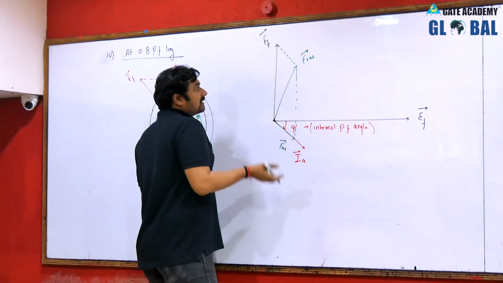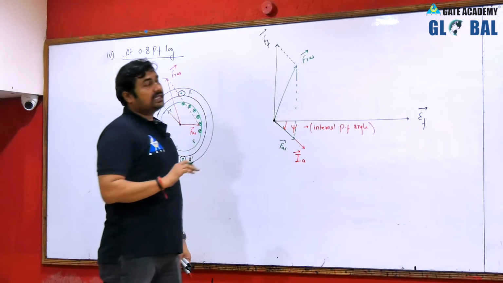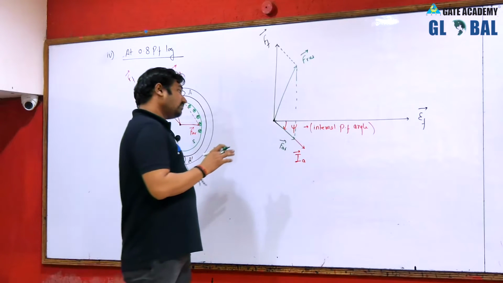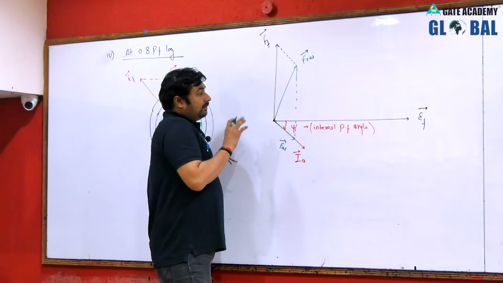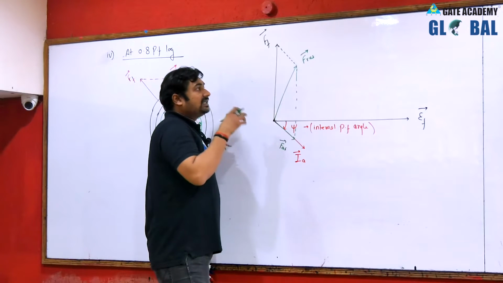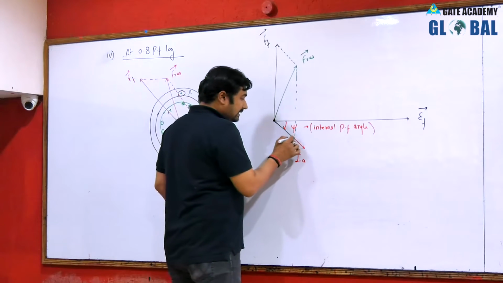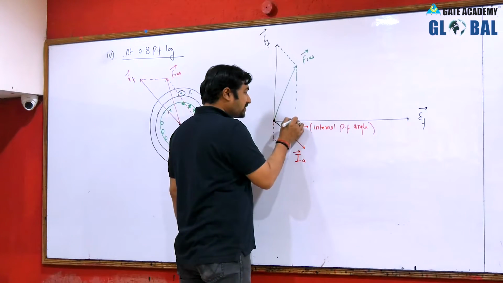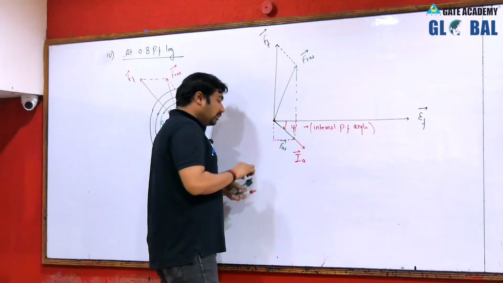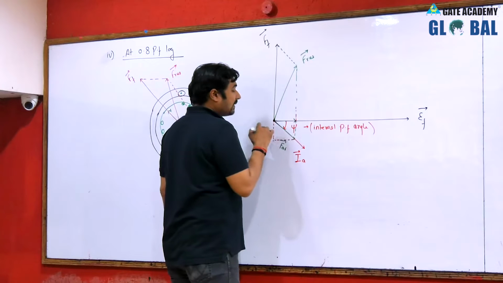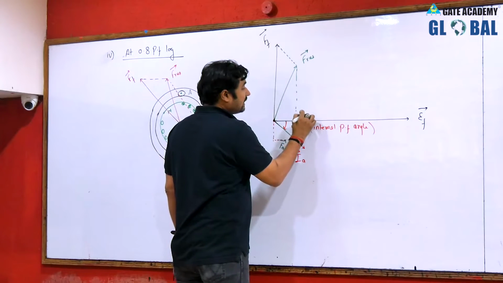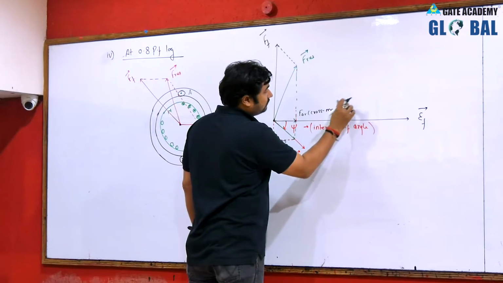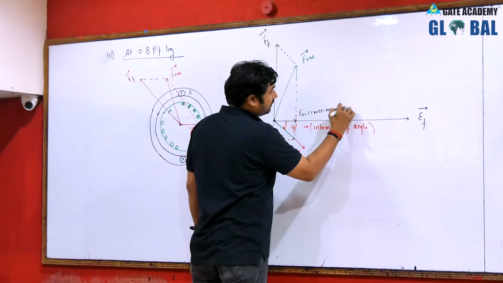If you observe, the resultant field is deviated from the main field axis, and the magnitude of resultant field is lowering down, because this FAR can be resolved into two components to represent the shifting and the magnitude lowering in case of 0.8 power factor lag.